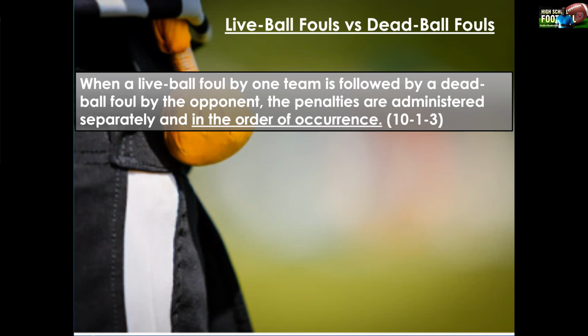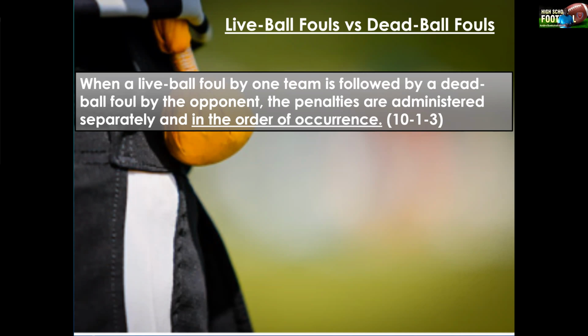So this doesn't fall into the multiple fouls where we only enforce 1, or 1 on each team. No. And this is weird, but it's the truth. If we have a live ball foul, let's say we have a pass interference call on B. All right.